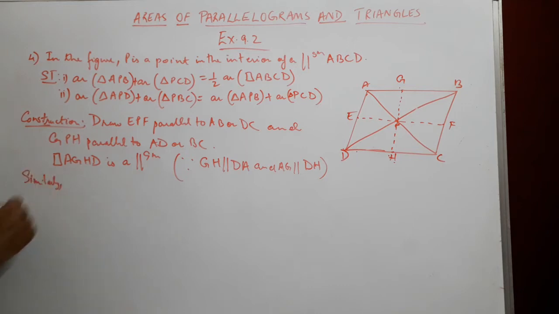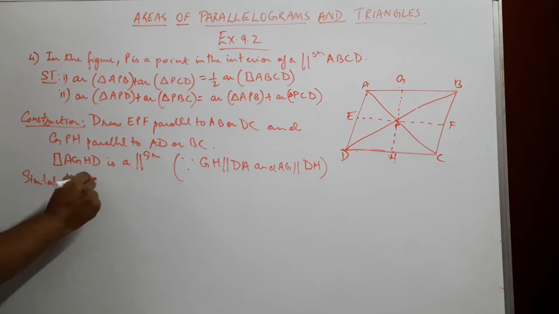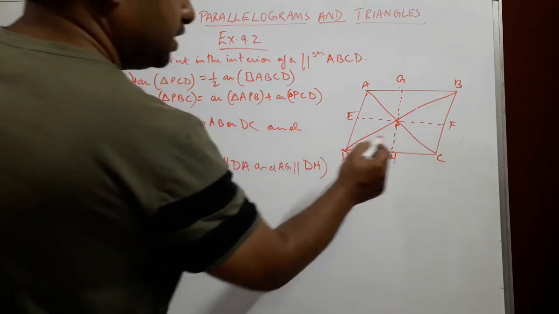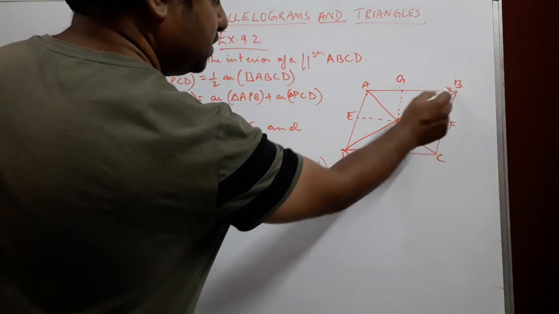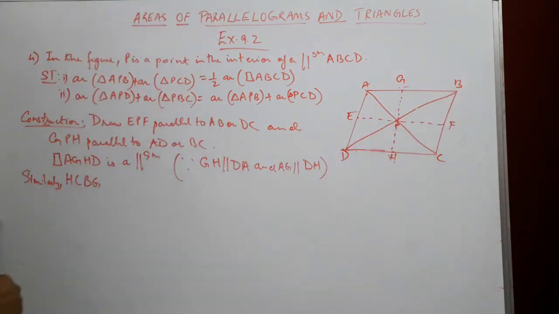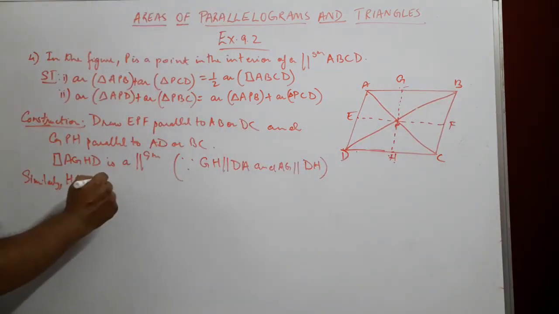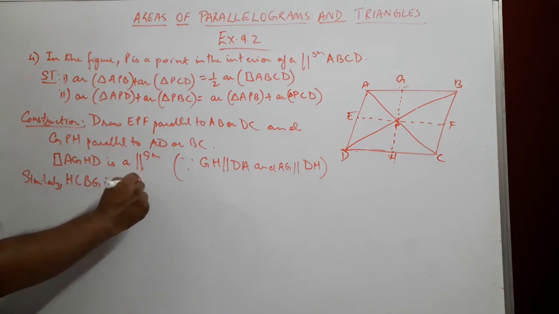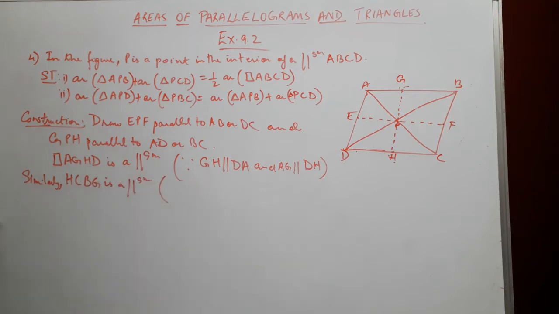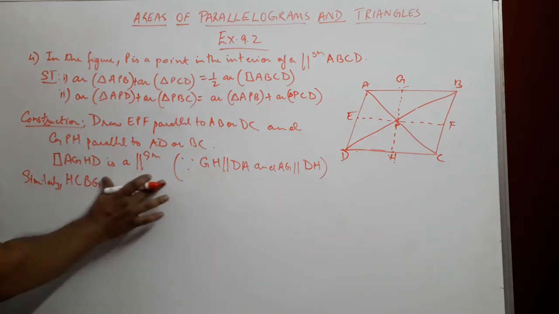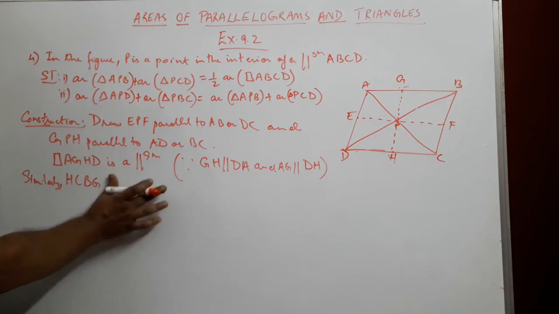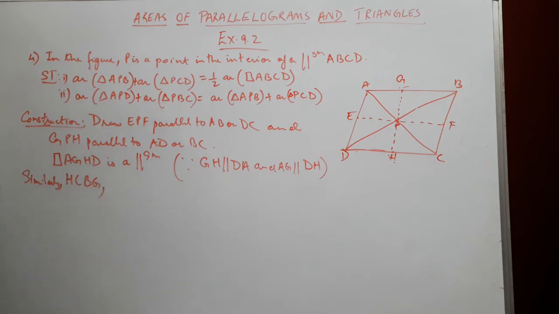Similarly, HCBG is a parallelogram, and we can give the reason as the same thing, but instead of giving reasons for each one and prolonging the whole thing, we'll just mention all the parallelograms.